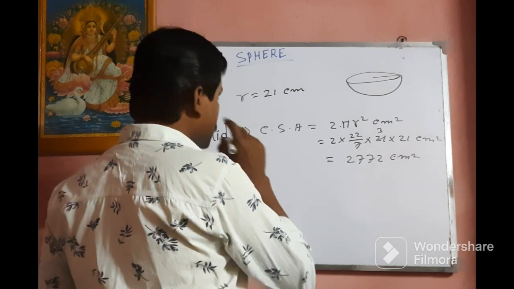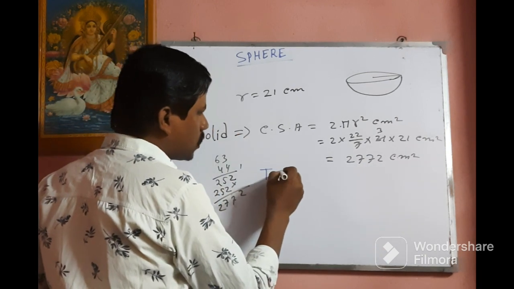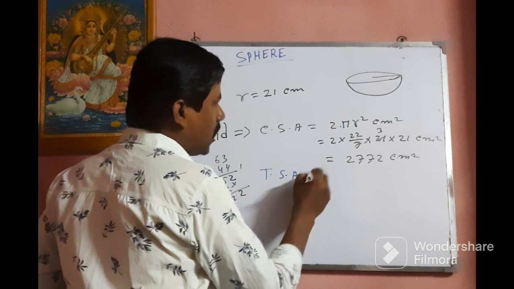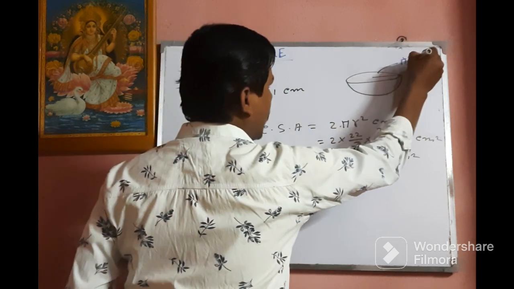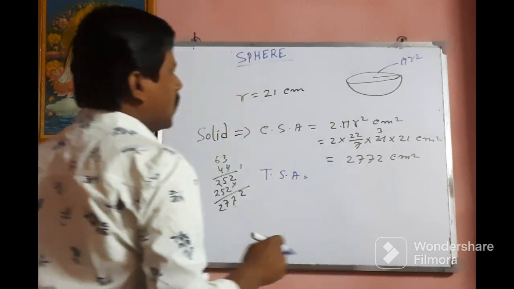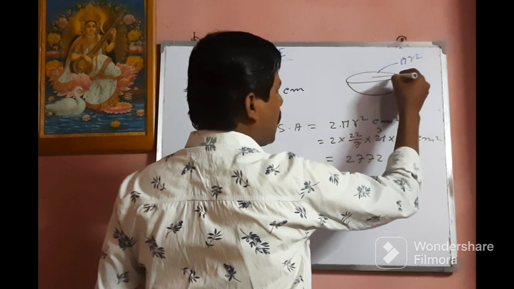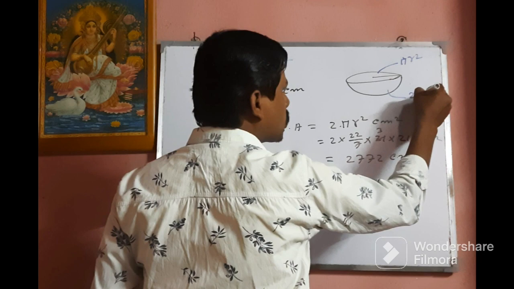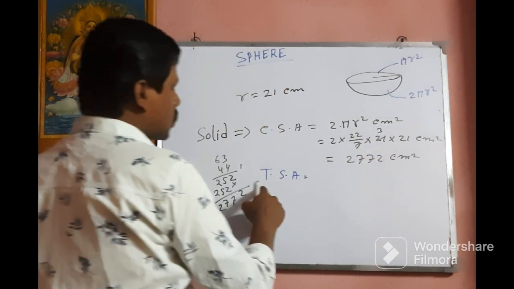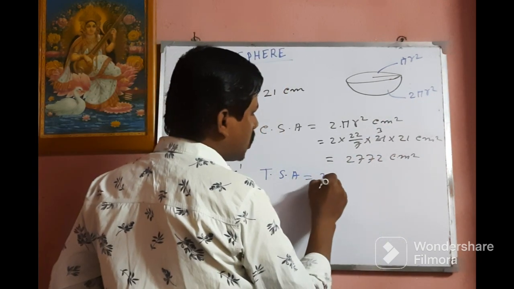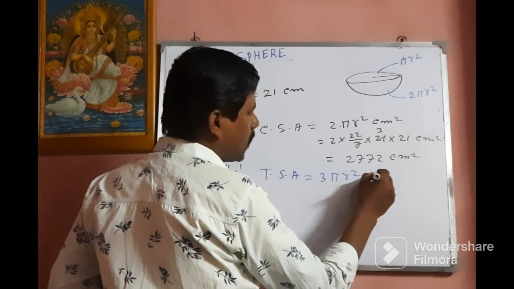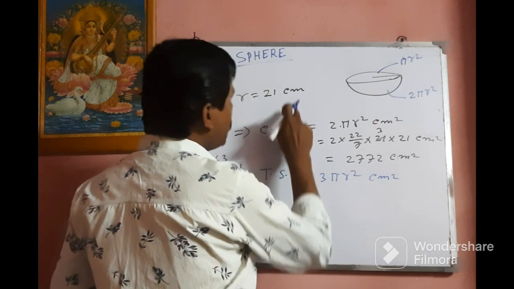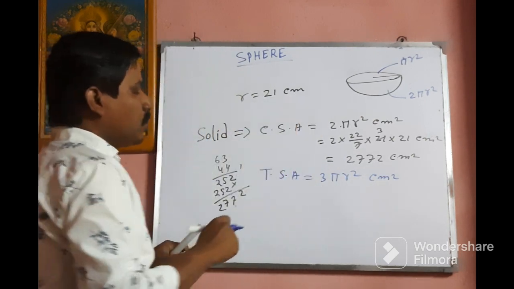And if we discuss the total surface area, then pi r square is added to this one, because this is the pi r square and this is the 2 pi r square. So the surface area of the solid hemisphere will be 3 pi r square, and this is centimeter square because centimeter is the unit.